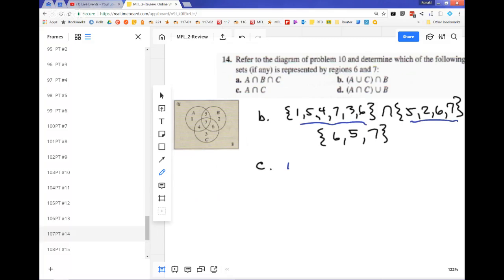So C is A intersect C. So what's in A? 1, 5, 4, 7. Sorry, penmanship's kind of bad here. And intersect that with C, which is 4, 7, 6, 3.